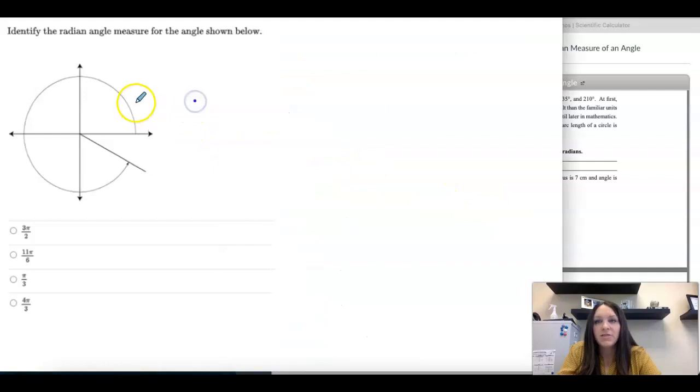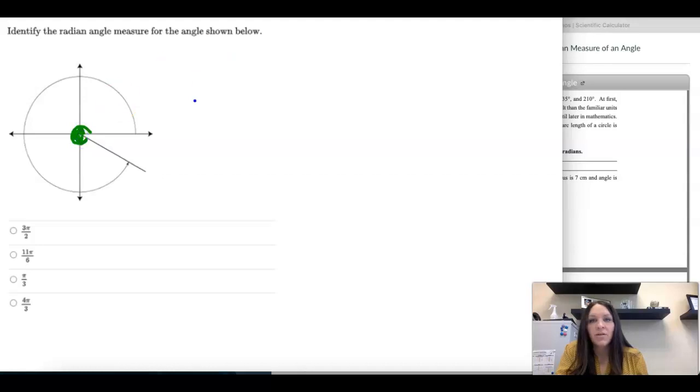So let's look at some self-checks. Identify the radian angle measure for the angle shown below. So the angle that we're looking at goes all the way around the circle.